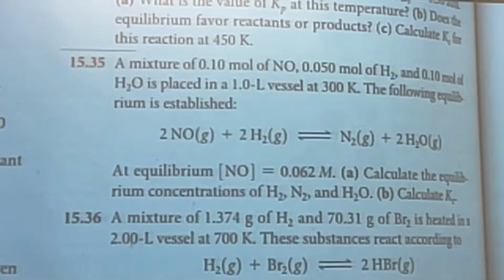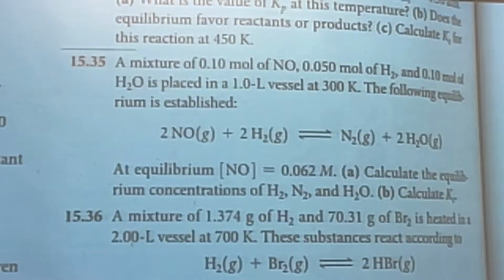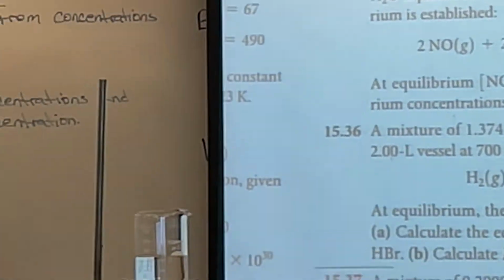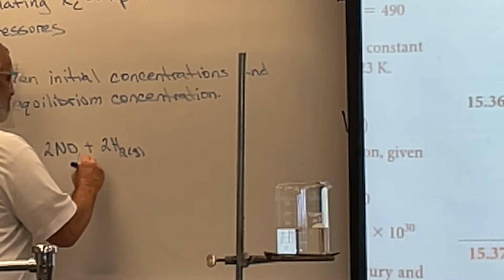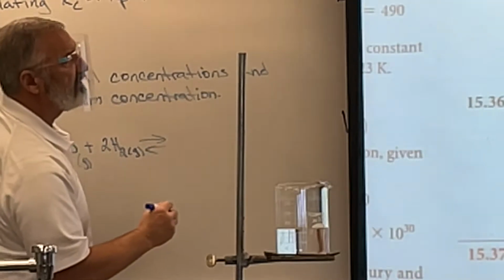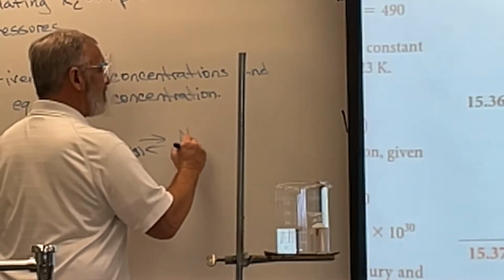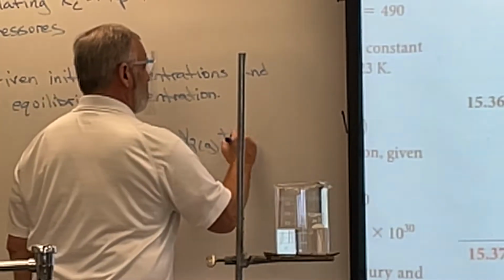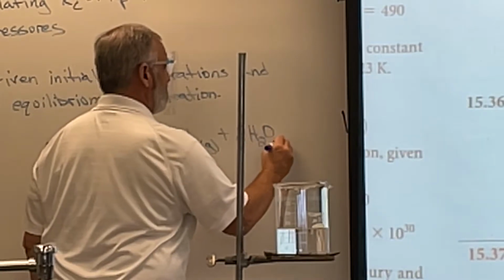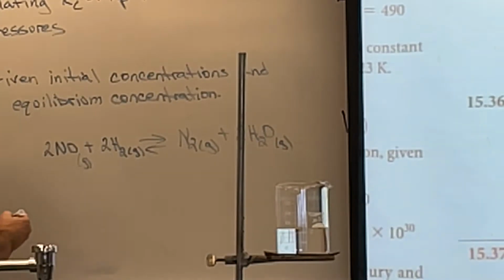So I have 2 NO plus 2 H2, gas, goes to N2. We got to pay attention to states because, again, we ignore solids and liquids. 2 H2O gas. All right? So this is my equation that's given.